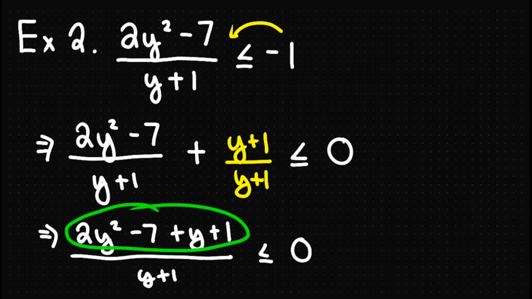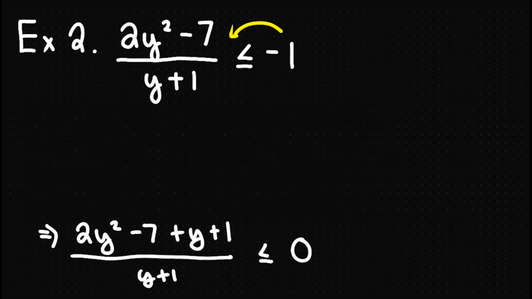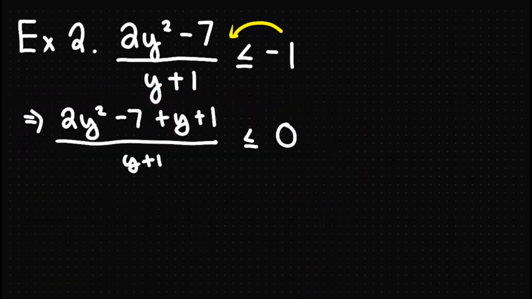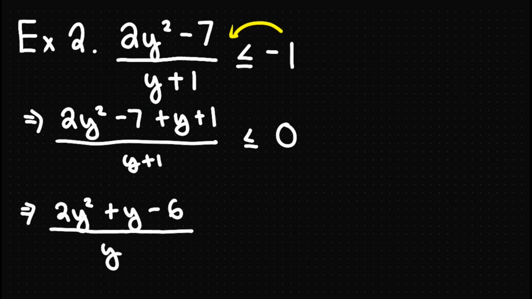Simplifying this numerator, we'll obtain (2y squared plus y minus 6) over (y plus 1) less than or equal to 0.